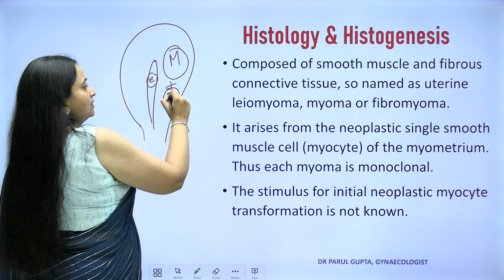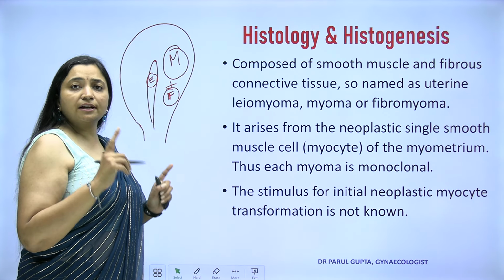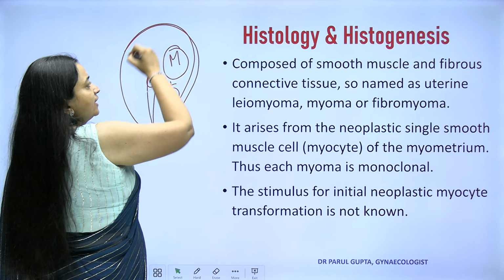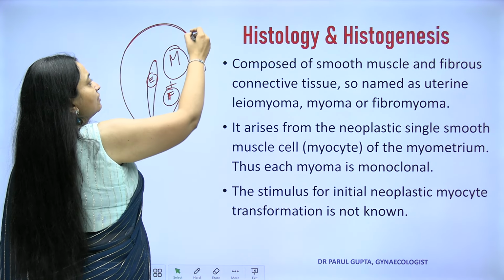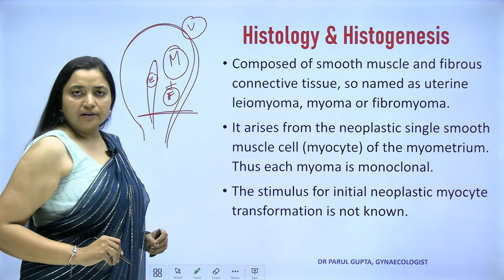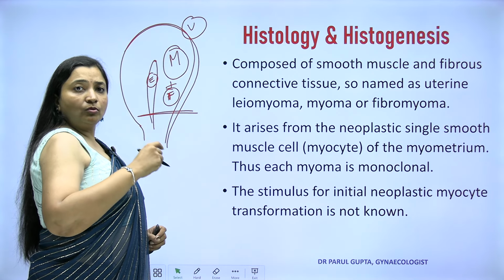It is the main thick myometrium. Myometrium means muscle metrium. And this is the serosa. It is the outer layer of the uterus, which is generally covered by the visceral peritoneum up till the isthmus part, right? So it is as such an extraperitoneal organ.